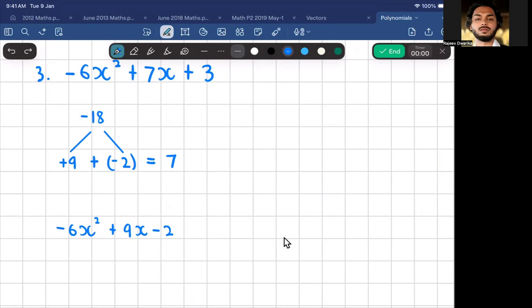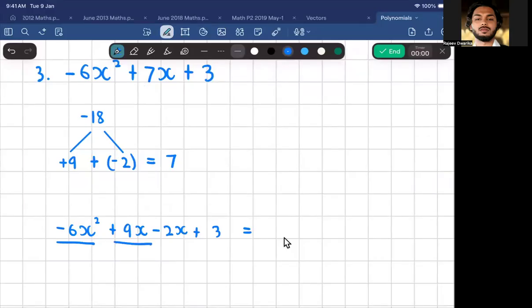Right. For the sake of simplicity, this is much easier to look at, because 9x minus 2x is 7x, and 9 minus 2 is 7. So that makes sense. We're going to split it in the middle, and we're looking at minus 6x squared and 9x.